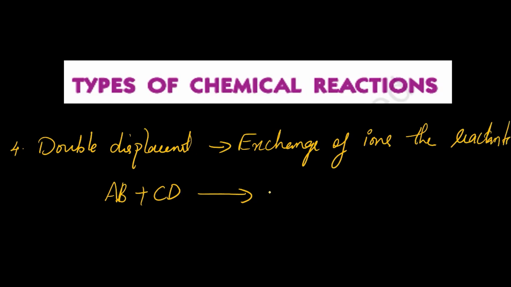You can see here, A will react with D and B will react with C. Like that, they will exchange their ions with each other. Everything will be in reactant and product, all ions will be there, but there will be exchange. That is called double displacement reaction. So these are the main 4 different types of reactions we have to study.